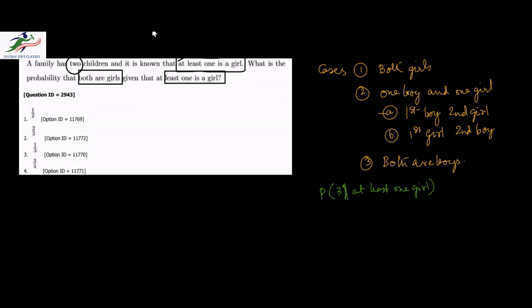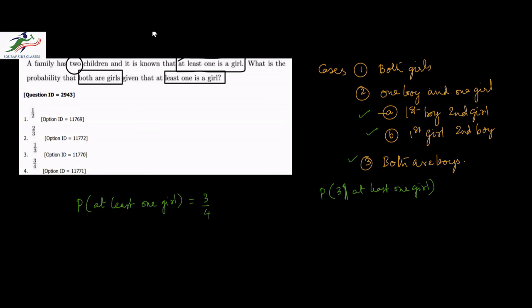So in order to find this, we first find the probability of at least one girl. So probability of at least one girl is equal to, there are three cases which will give us at least one girl, so 3 by 4.